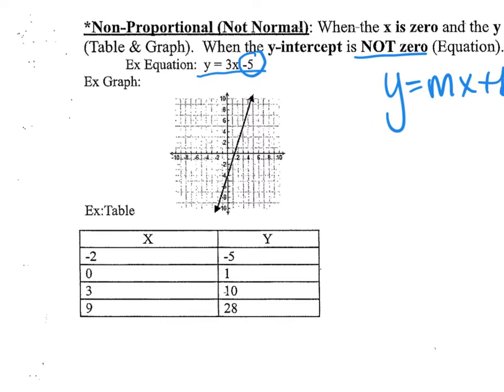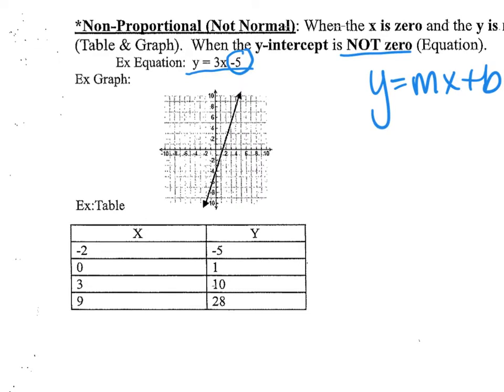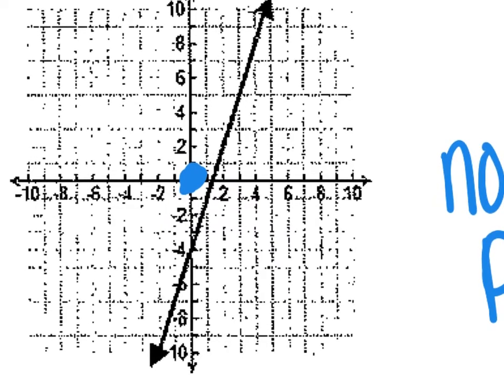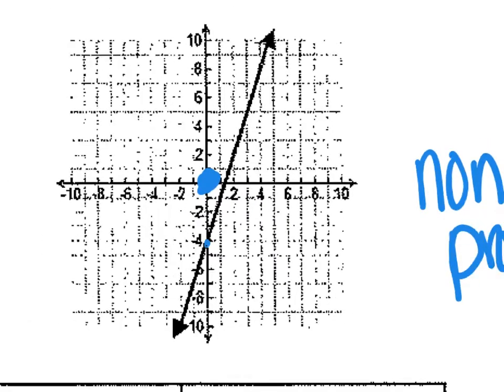If it's a graph, look and see where your line crosses the y-axis. If it's anywhere besides the origin, then it's non-proportional. So it's not proportional because it doesn't go through the origin. It goes through at like -4.